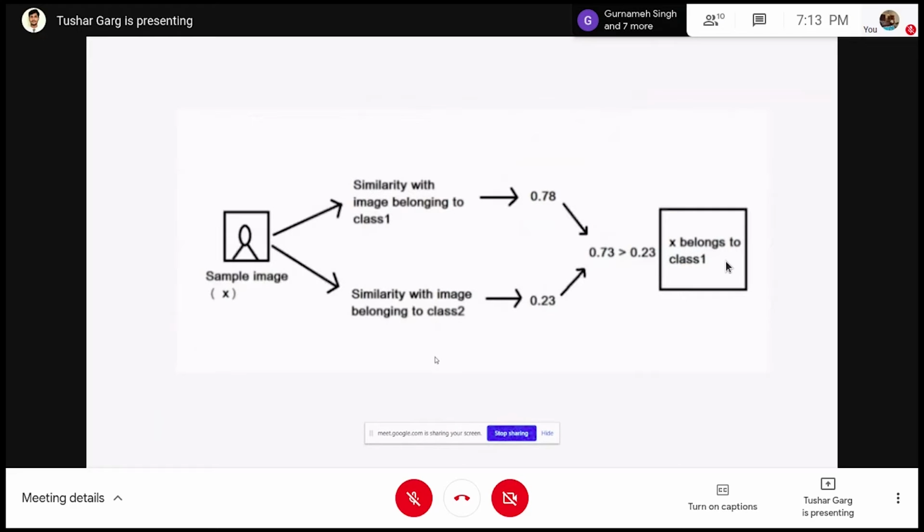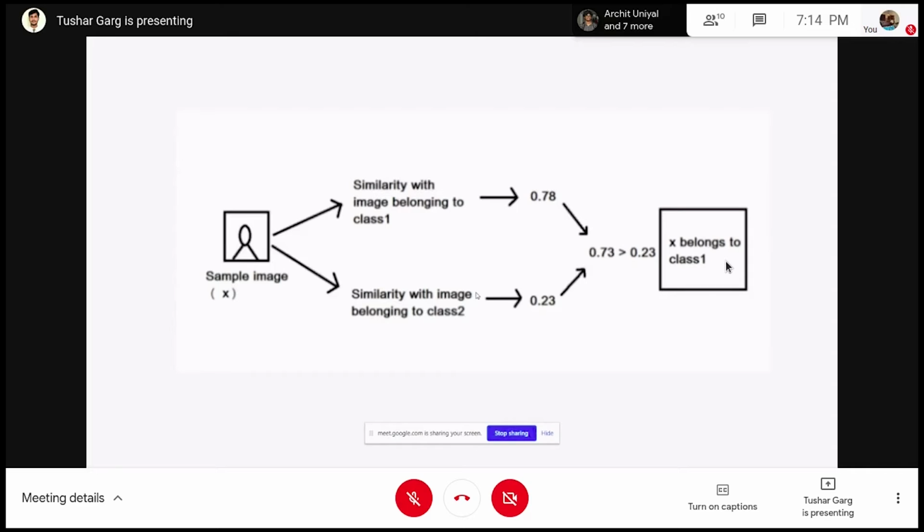It is also used as a function that tells, for a sample image, whether the image belongs to class 1 of the sets or class 2 of the sets, and similarly we compare with many classes, and at the end we tell which class the given image belongs to. For example, a sample image X is taken and passed through the Siamese network, and it gives us the similarity of the image belonging to class 1, and similarly for class 2.